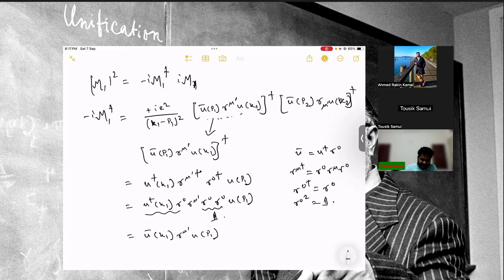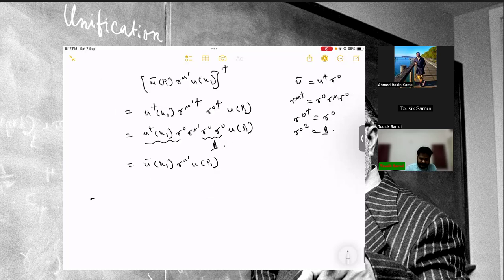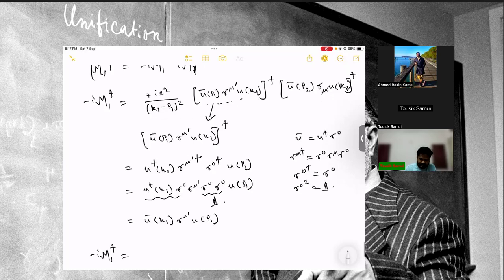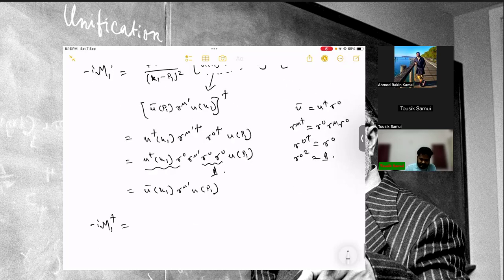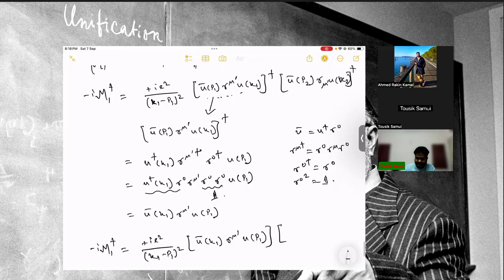So minus i m1 dagger is nothing but i squared q1 minus p1 whole squared, and then u bar k1 gamma mu prime u p1. And the second term, in a similar way, we can write as k2 bar gamma mu prime, and then u.